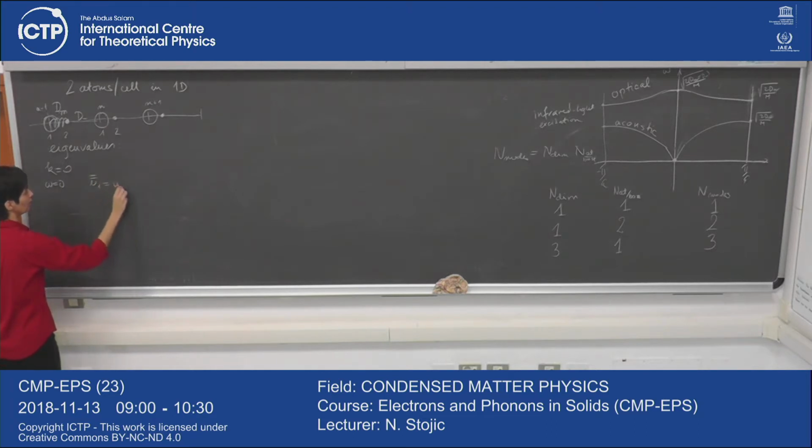U1 is equal to U2. And for the other omega, U1 is minus U2.